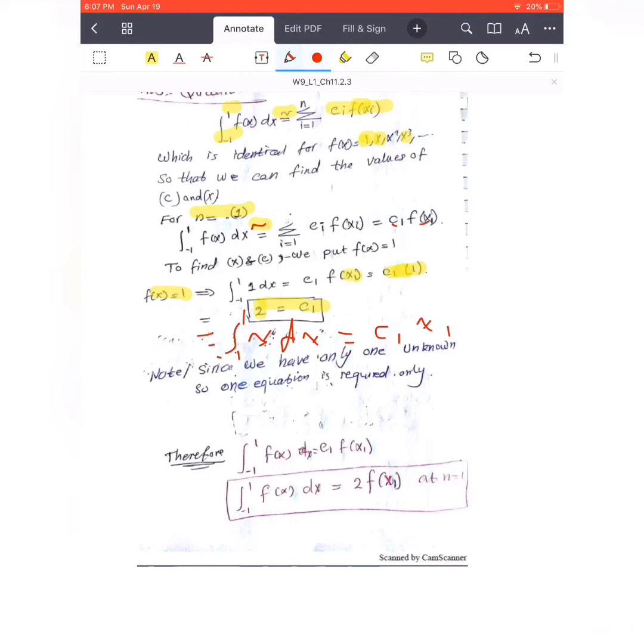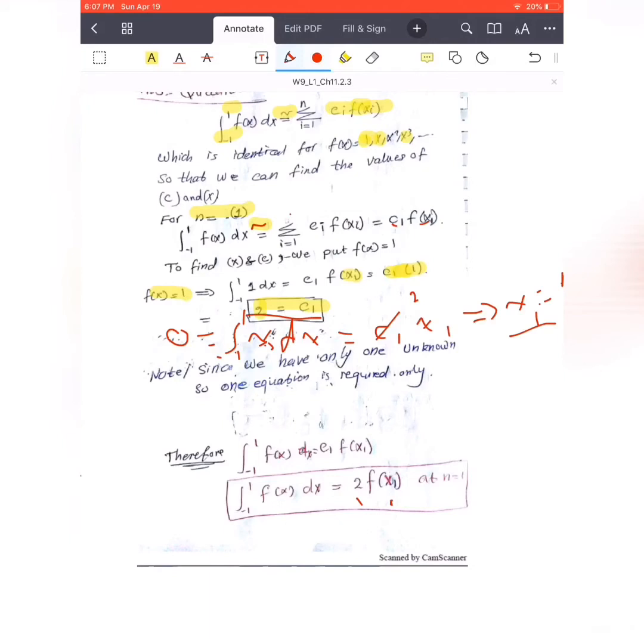Because this is an odd function, the answer will be 0. So now we have C1 times x1 equal to 0. Because C1 is not 0, we found it is 2, we can divide by 2, so x1 equals 0. So we found x1 is 0 and C1 is 2.